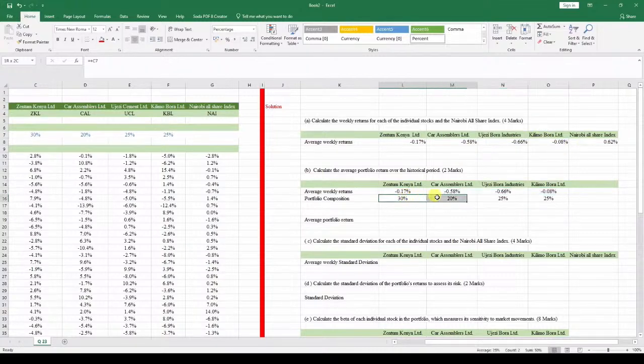We drag it, Control R, the same values, excluding the All Share Index. Because all of these portfolio compositions total to 100%, as you can see down here, we cannot include the All Share Index in our portfolio. How do we get the average portfolio return?